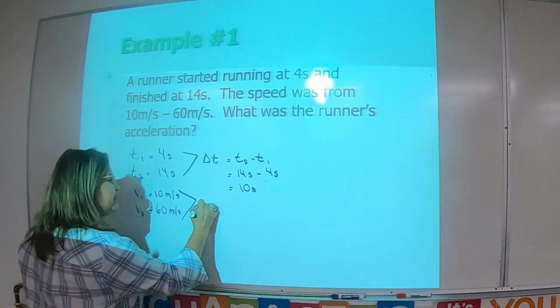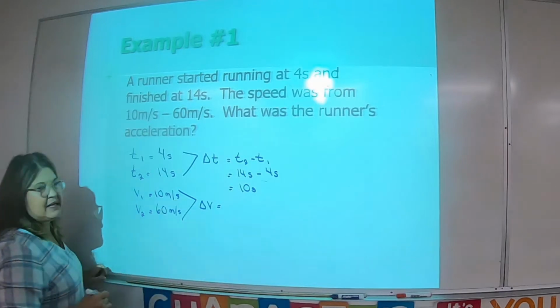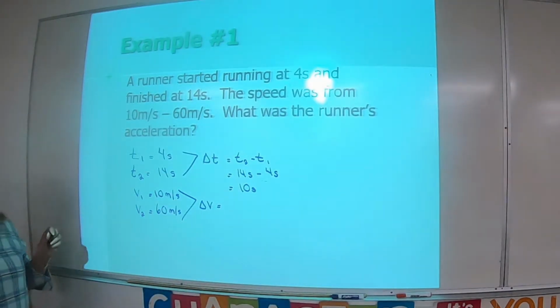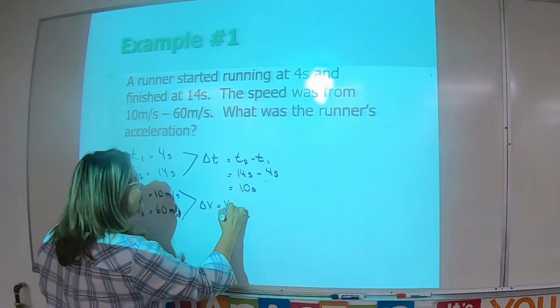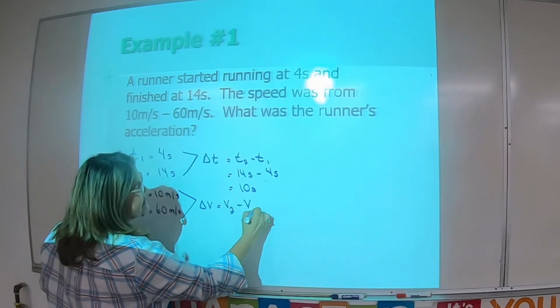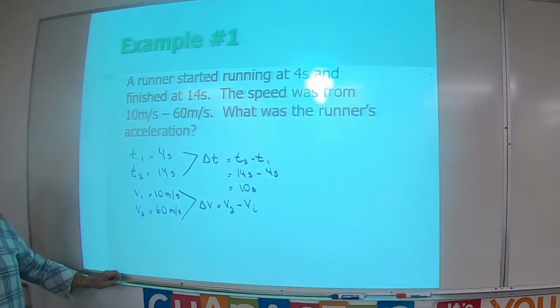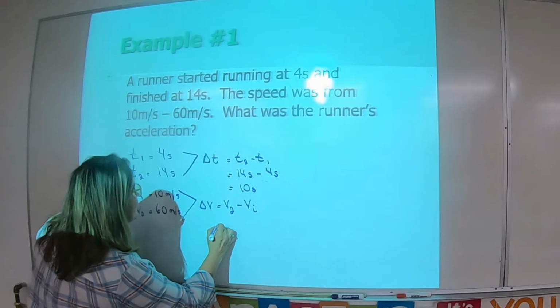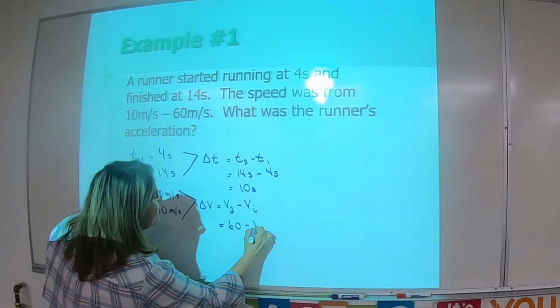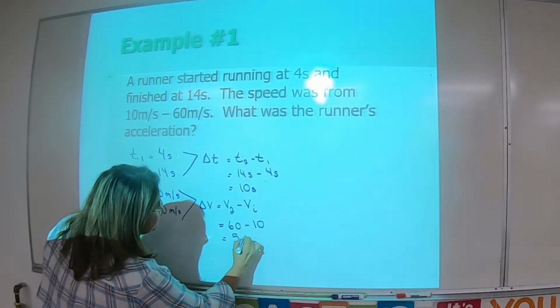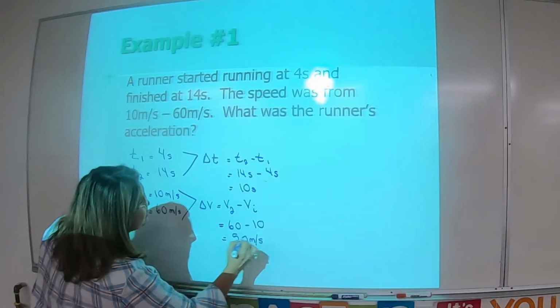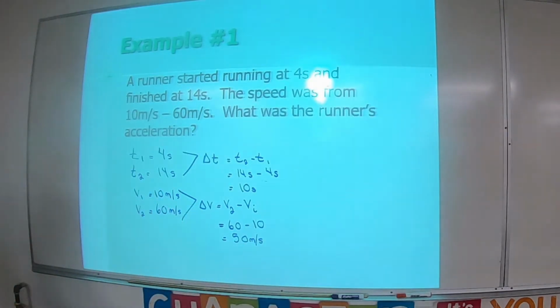So I want to find out my change in speed. Change in anything is always the final minus the initial. And we end up with 60 minus 10, or 50 meters per second.